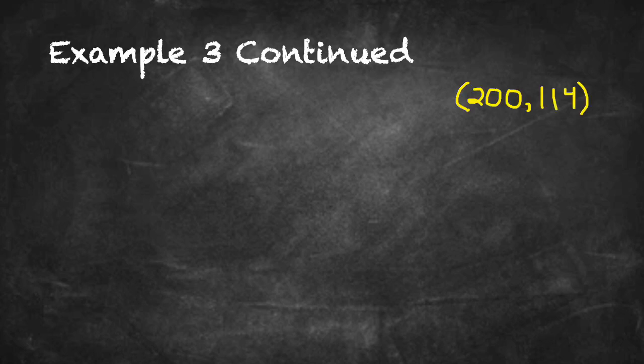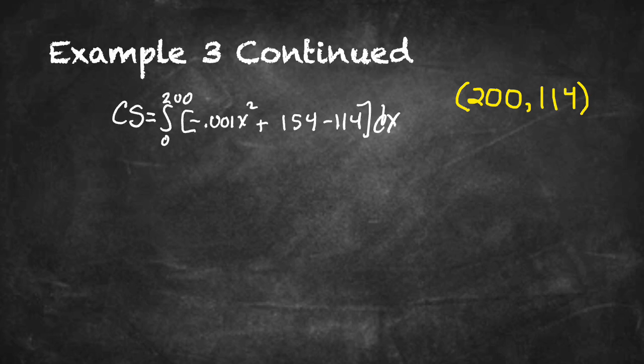Now that we found the equilibrium point, which is 200 and 114, we can go through and find the consumer and producer surplus. So to find the consumer surplus, that is the difference between the demand and the price. That is the difference between what the customer is willing to pay versus what they actually paid.